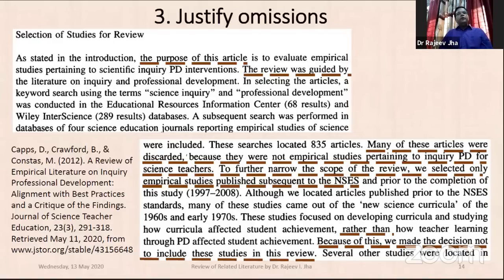To further narrow the scope of the review, we selected only empirical studies published subsequent to some report. That means it is very important, if you're not including some set of reports or literature, you should justify it.